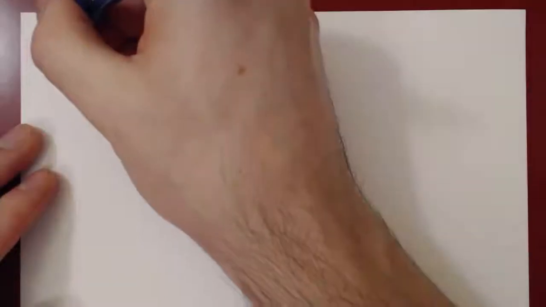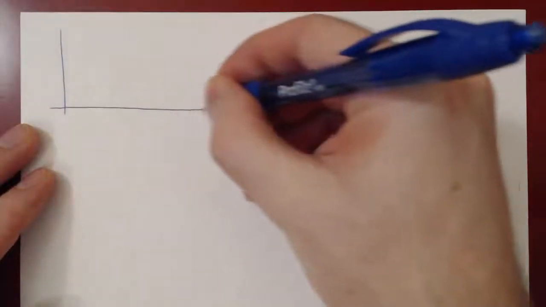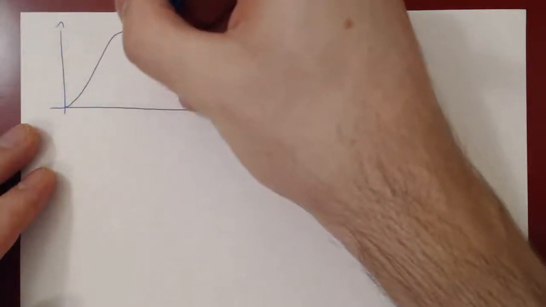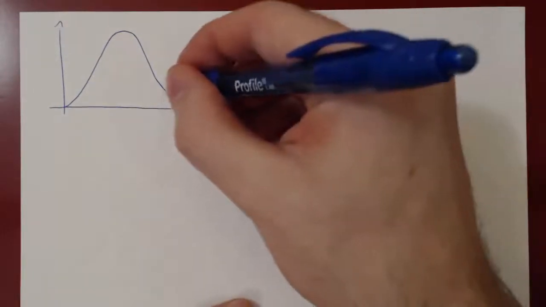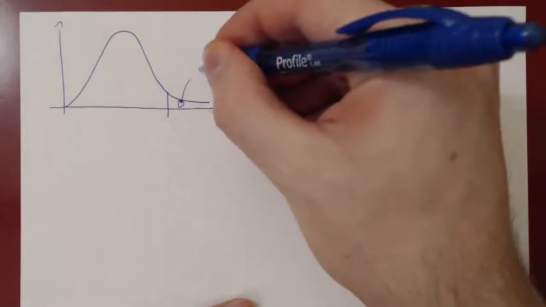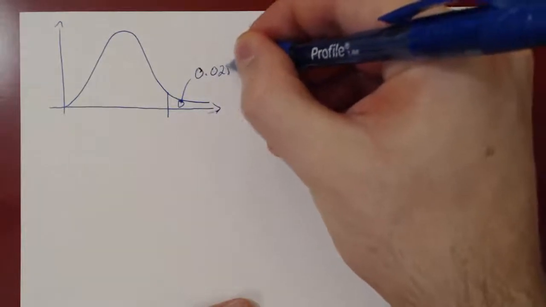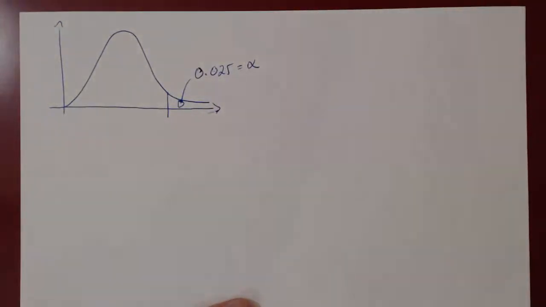And this will be quite short. So again, we have a chi-squared distribution. Since we have a right-tailed test, we reject the 2.5% larger values. So 0.025 is our significance level alpha.